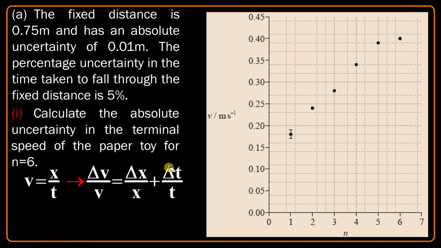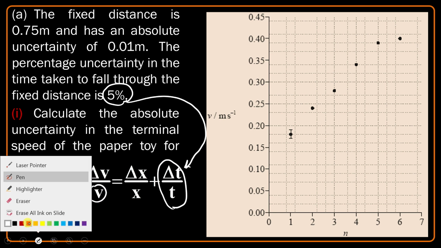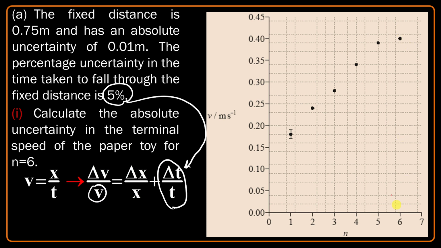Okay, what should I do next? I should substitute the values. Delta t over t is 5%. It's here. Exactly, it's here. So we have that, the last term. About the other values, the velocity v is here. We can easily find it because I'm going to find it just for n equals 6.